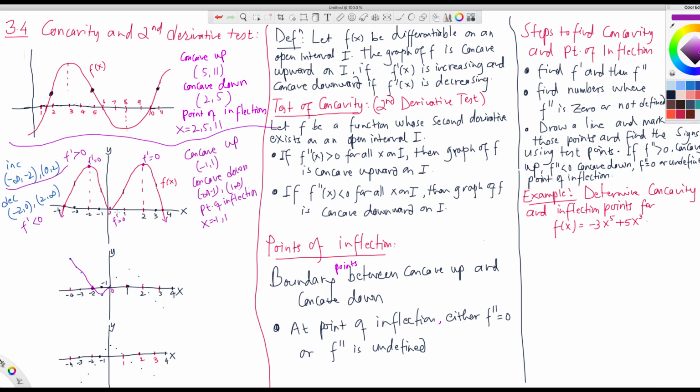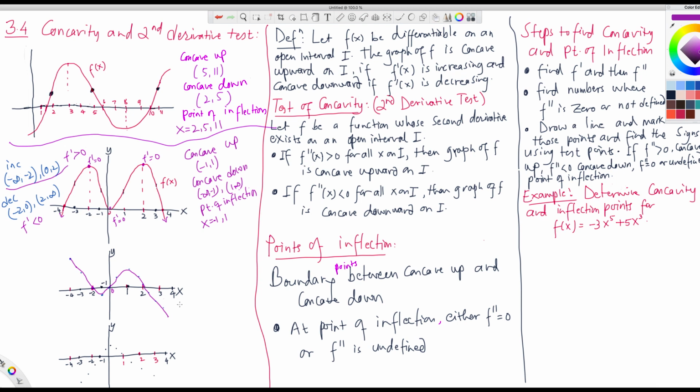Now between 0 and 2 f is increasing, right? f is increasing, so f prime must be positive between 0 and 2, and at 2 f prime must be 0 again. Did you see that? And again at the right side of 2 the function is decreasing, so f prime must be negative. Look at that.